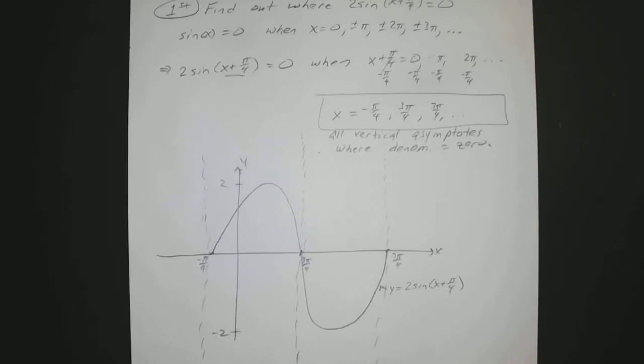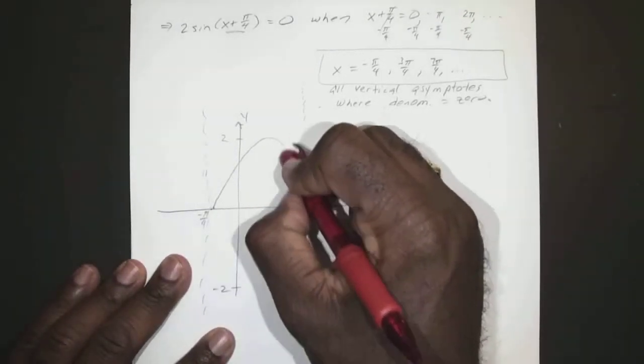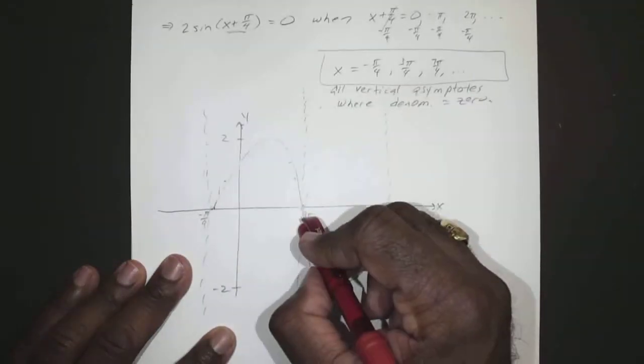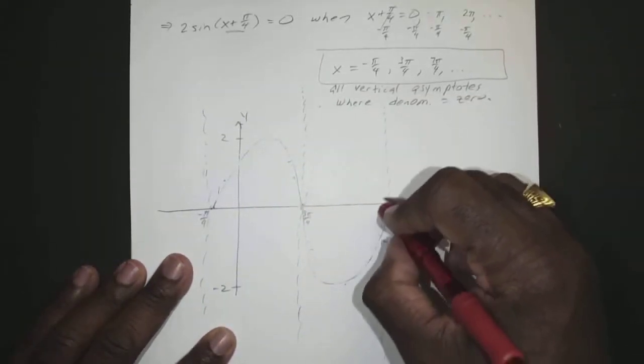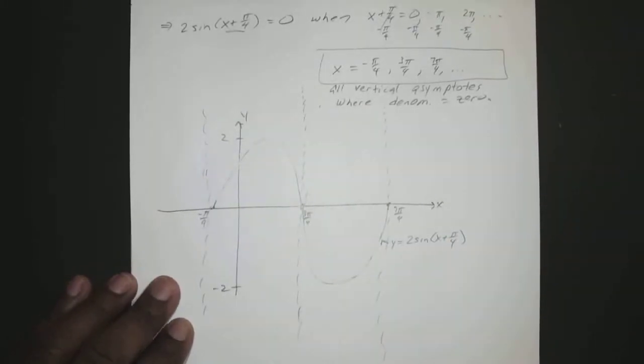Now, what I normally do is just slightly erase this because I don't want this to be the graph that gets the most attention, because we already graphed this. So just lightly erase that when you want a faded version of it.